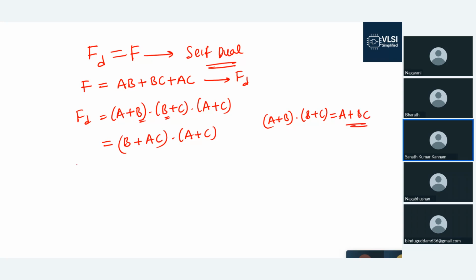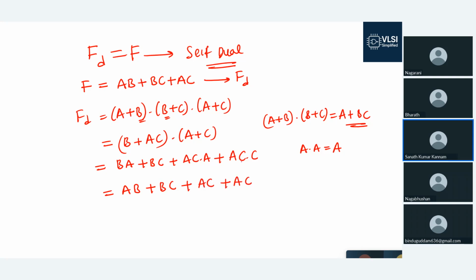Next you multiply: BA or BC or AC, and A or AC, and C. From the AND law, you know that A and A equals A. So this is AB, BC, AC plus AC.